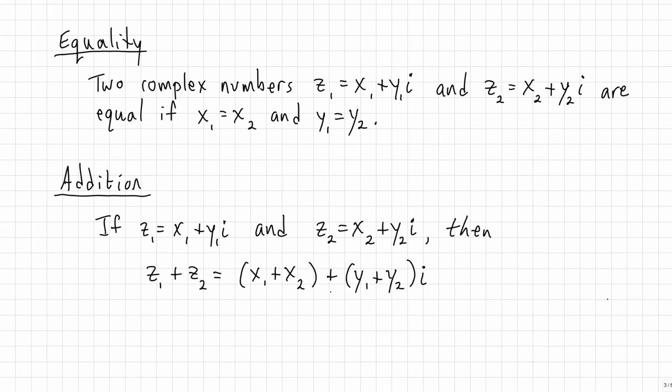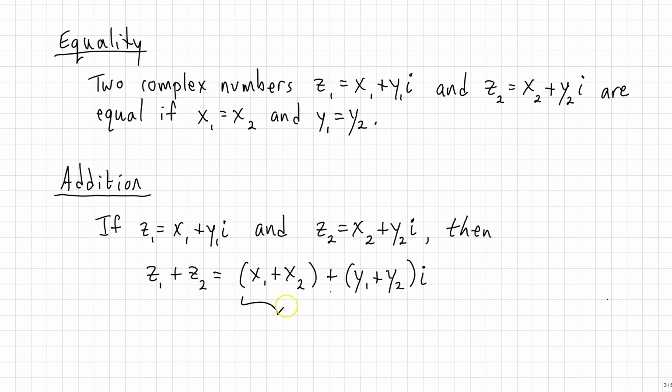Well, now we need to know how to operate with them. So let's start with addition. So how would you add two complex numbers? So again, let's define a z1 and a z2, and then to add these two complex numbers, we're simply going to combine the like terms, the matching components. So z1 plus z2, you would just add the real parts, so x1 plus x2, and then you would add the imaginary parts, so y1 plus y2, and then you put that together, and that would be the sum of those two complex numbers.